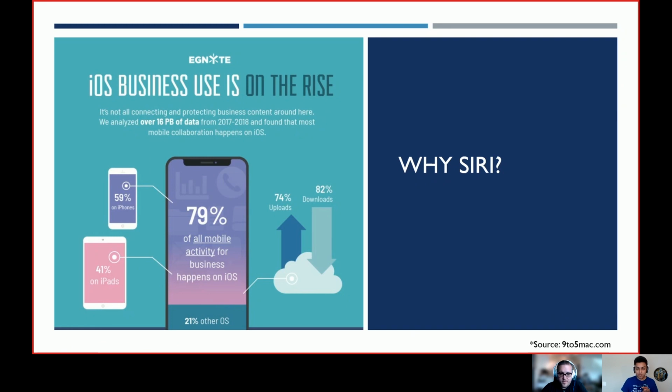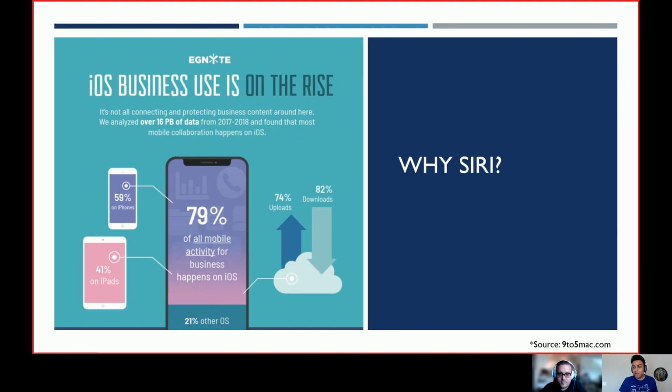According to this user study, 79% of all mobile activity for business happens on iOS. That's a big number. I'm not surprised, man. You look around everywhere now, you just see iPhones. Everybody's got an iPhone. Yep. And in the US, this percentage is even higher. This is a global one.